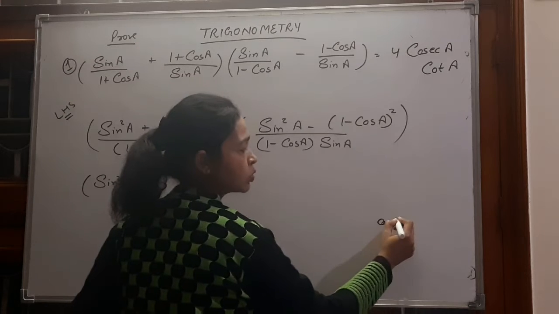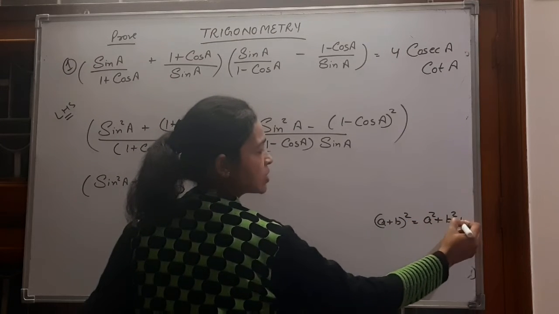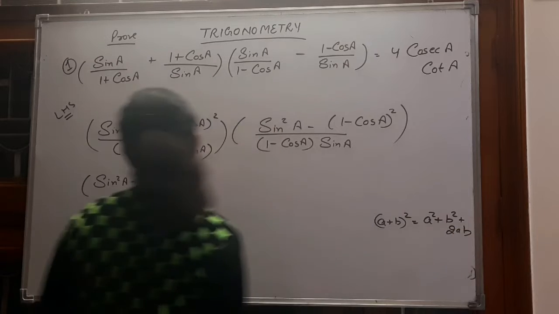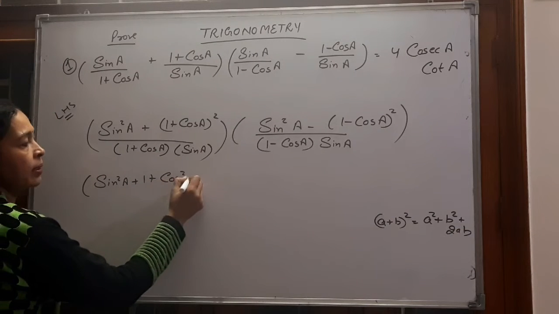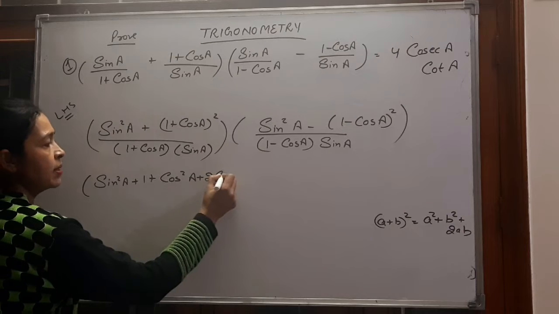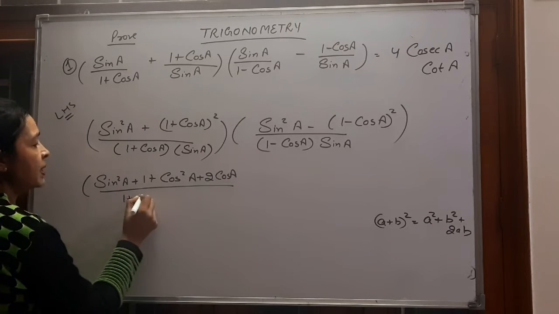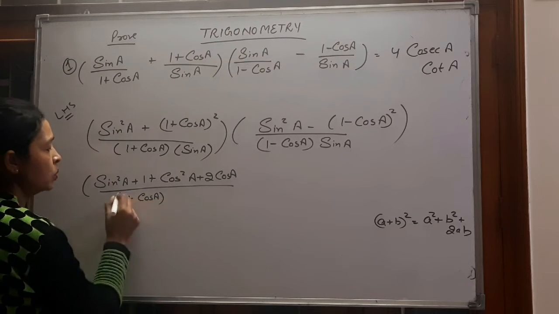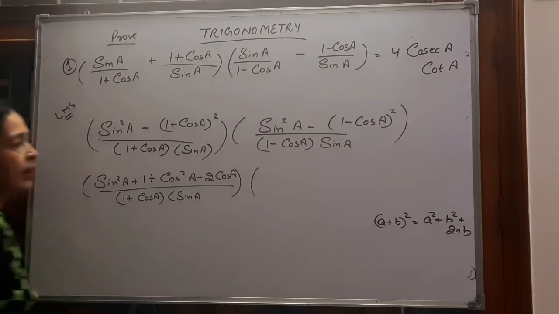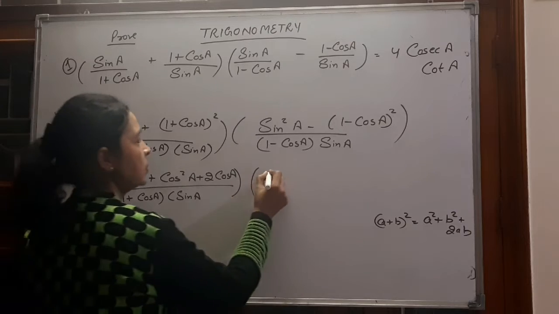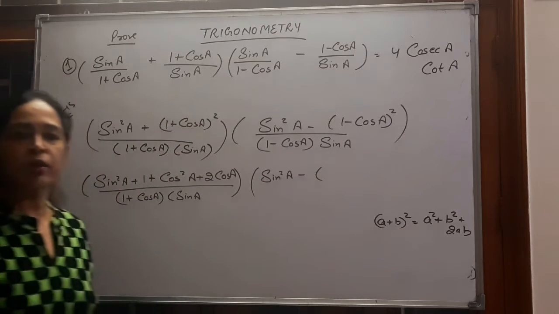What is A plus B whole square? A plus B whole square is A square plus B square plus 2AB. We have 1 square is 1 plus cos square A plus 2 cos A upon 1 plus cos A into sin A. Here we have sin square A minus 1 minus cos A whole square.